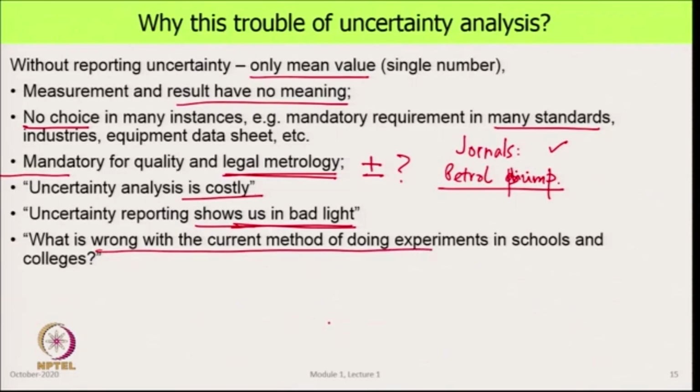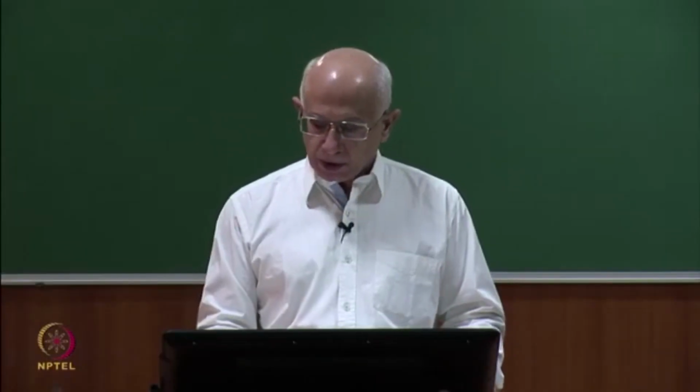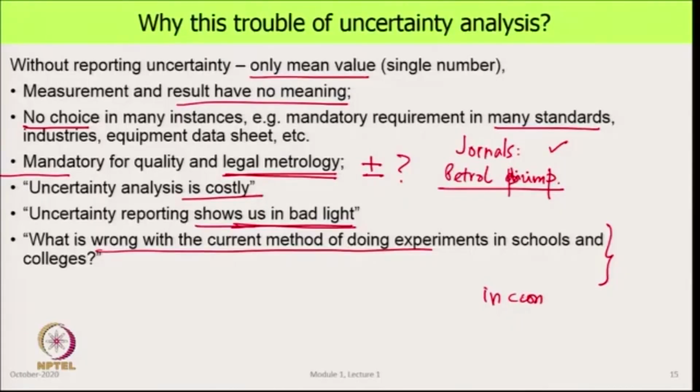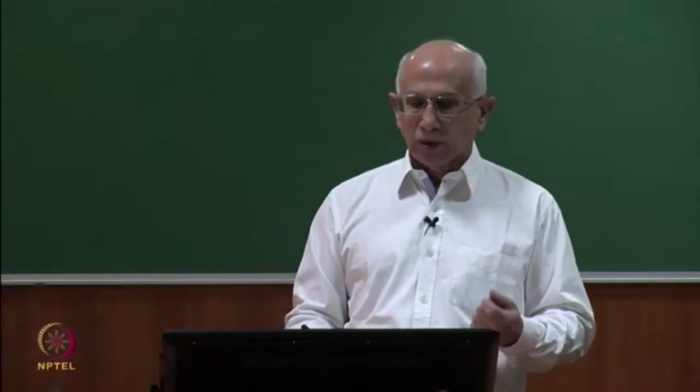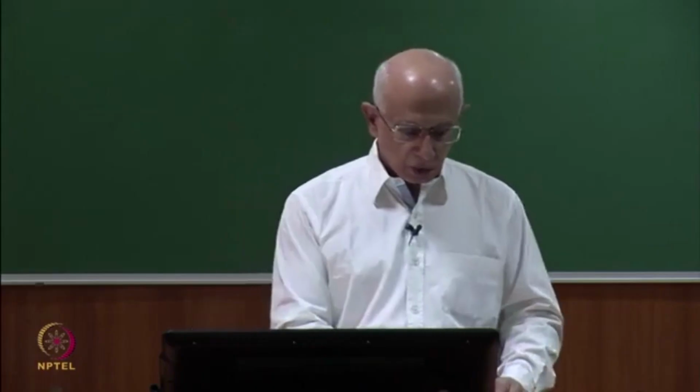Well, the thing is that everything that we have been teaching here, if uncertainty analysis is not brought into the picture, that education is grossly incomplete, and in the practical context as we are learning, it is practically wrong. Something is badly missing. The idea of doing an experiment is not complete unless we appreciate the uncertainty associated with it.